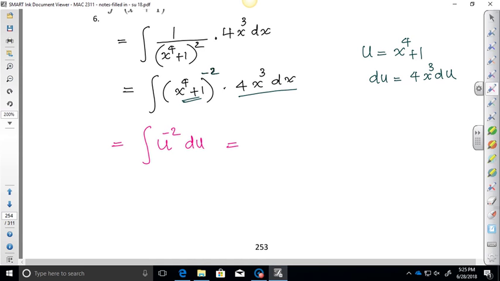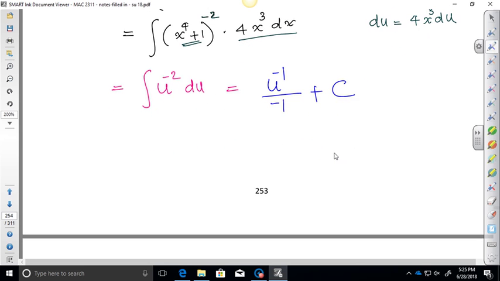What's the integral of u to the negative 2? U to the negative 1 divided by negative 1 plus c. So it's going to be negative 1 over u plus c. What's u? X to the 4th plus 1.